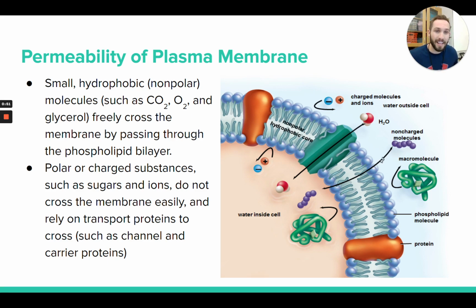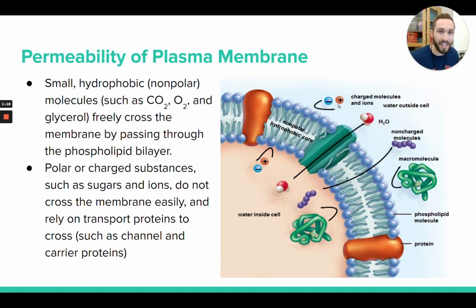Molecules like that can just squeeze their way through the phospholipids to get to the other side. So those can move freely in and out of the cell if they're nonpolar or hydrophobic. There are hydrophobic nonpolar tails in the middle, and they have no problem with these molecules moving through to the other side.